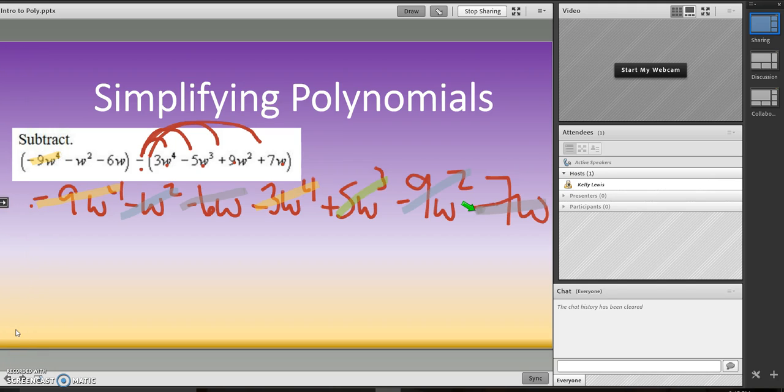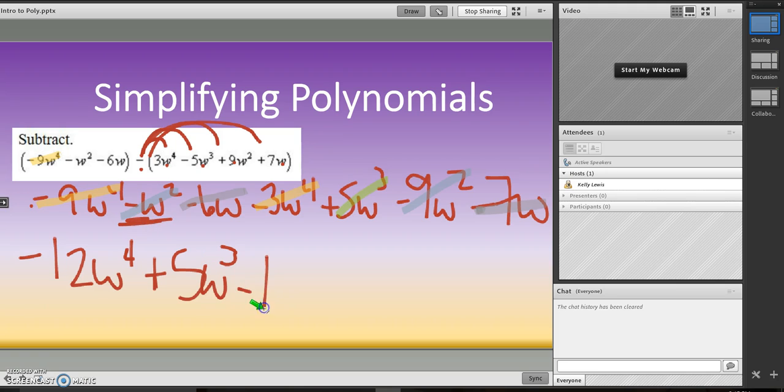Negative 9 and negative 3 is a negative 12, W4. So we need a 3. There's only 1, so there's 5 of those. Then we have squared, so a negative 1, this is like a negative 1 because of the negative sign, and then a negative 9, so it's negative 10. And then we have 4, 3, 2, we need a 1. Negative 6 and negative 7, that's negative 13.